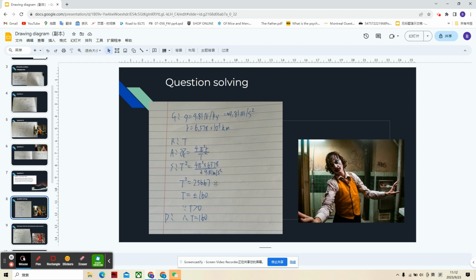And therefore, we calculate that T is equal to positive or negative 160. Since T is a period, it is a quantity that must be larger than 0. Therefore, we conclude that the period is equal to 160. All right, and we solved the problem here.